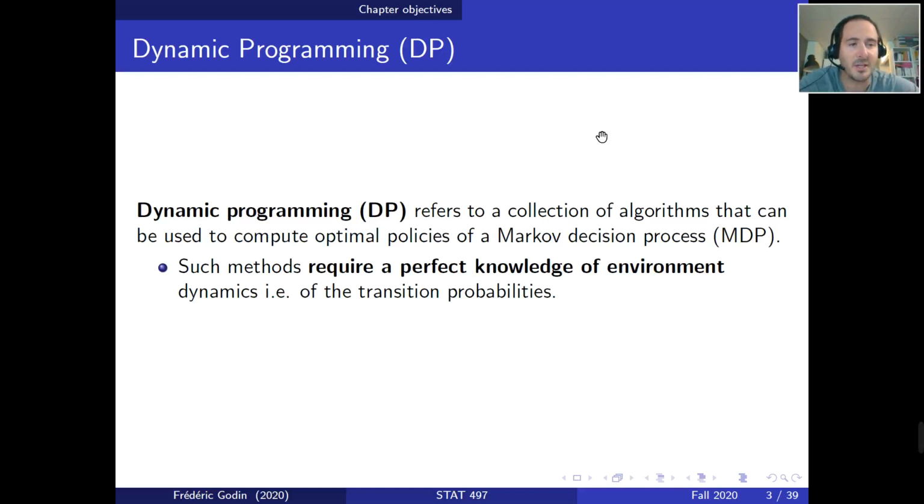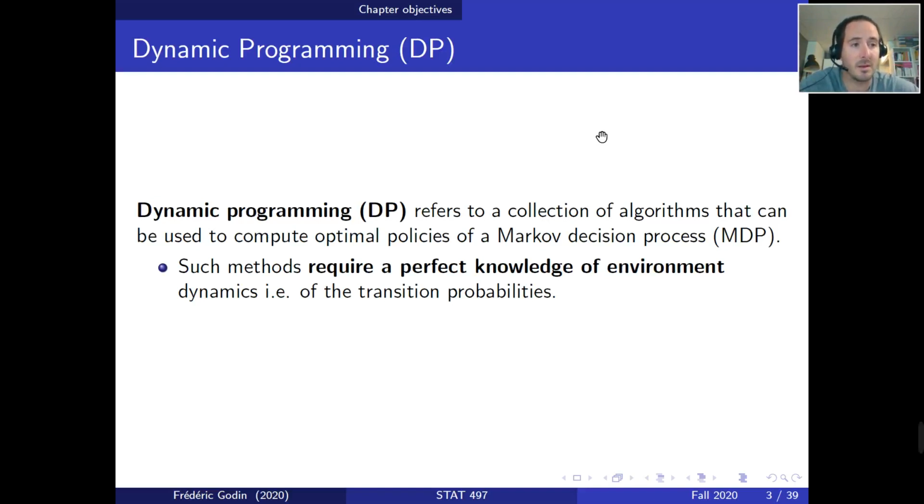We've introduced these value functions, and we saw recursive equations they had to satisfy, such as the Bellman equation. But in practice, the value function for a given problem is unknown. So one of the key problems of dynamic programming is to try to compute this value function. The purpose of this chapter is to introduce dynamic programming algorithms, which provide approaches to compute, or at least approximate, the value function associated with a Markov decision process.